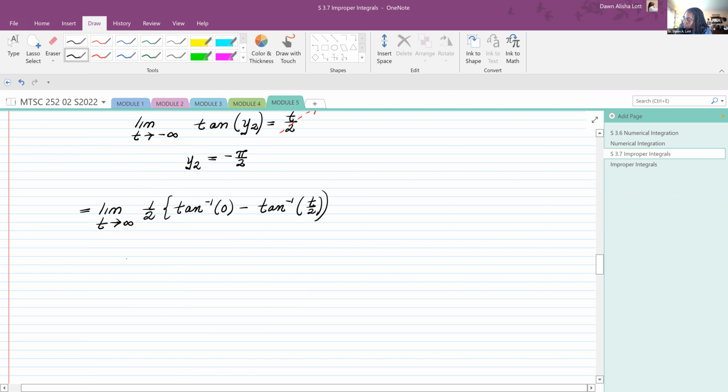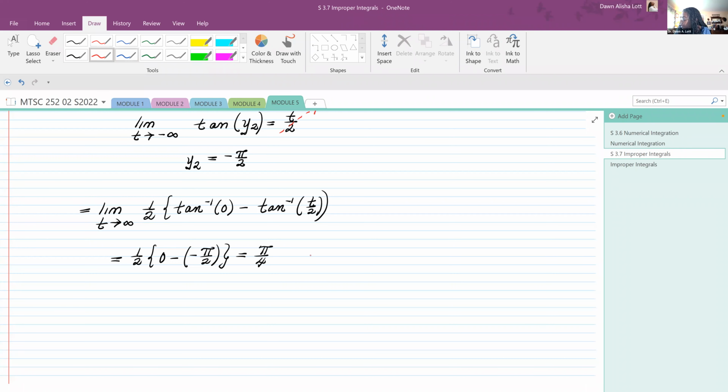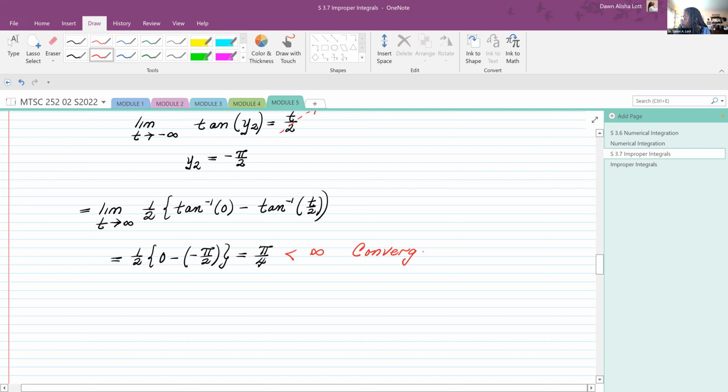So that looks like 1/2 times 0 minus a negative pi over 2. So I get pi over 4. And as I said, pi over 4 is less than infinity. So this integral converges. Okay, any questions? So that one was a little tough.